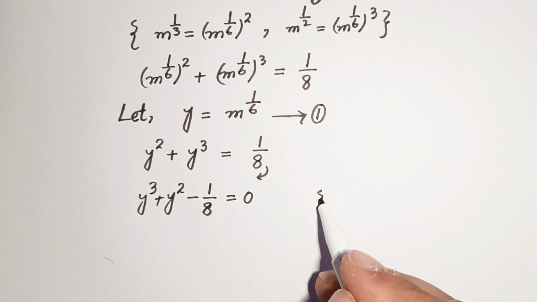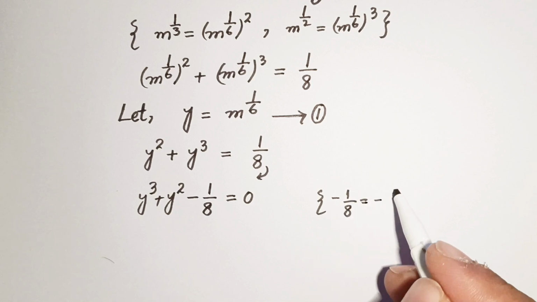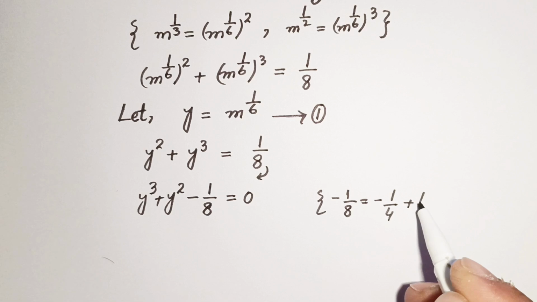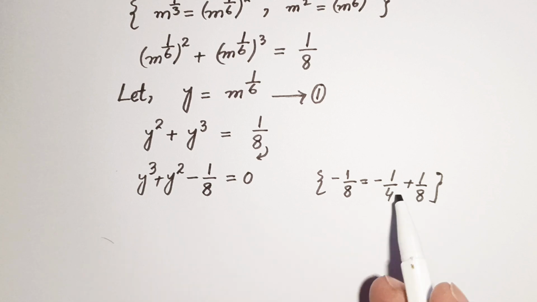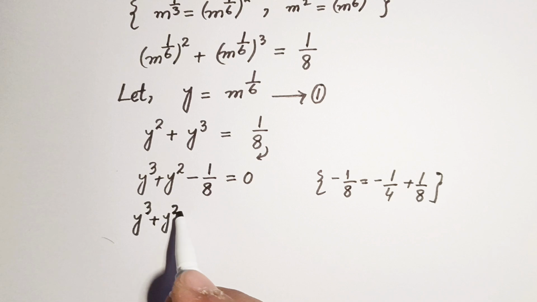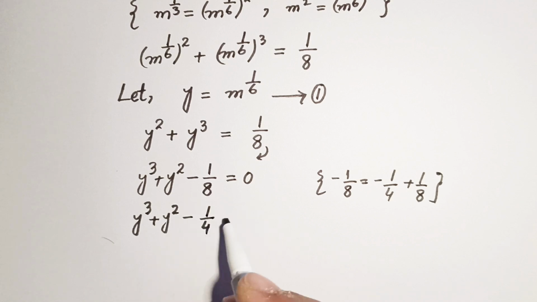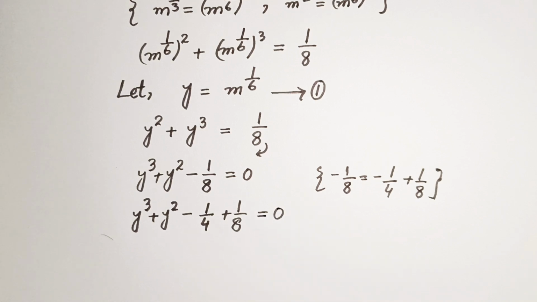Now we write minus 1 over 8 as minus 1 over 4 plus 1 over 8. So y cubed plus y squared minus 1 over 4 plus 1 over 8 is equal to 0.